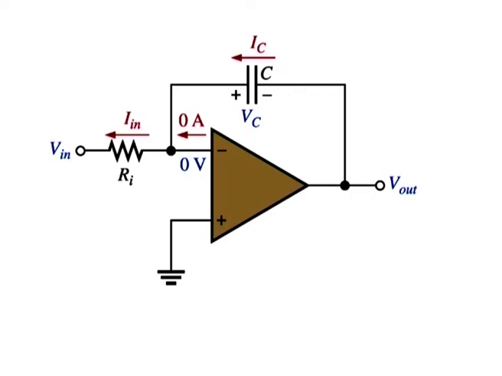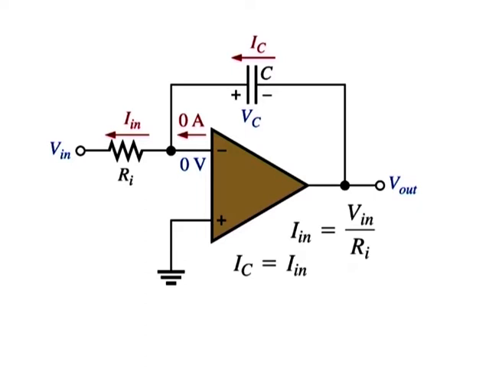In the figure shown here, the inverting input of the op-amp is at virtual ground. So, the voltage across Ri equals Vin. Therefore, the input current Iin is equal to Vin over Ri.